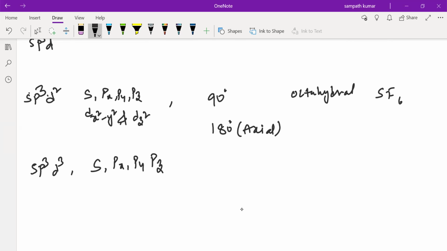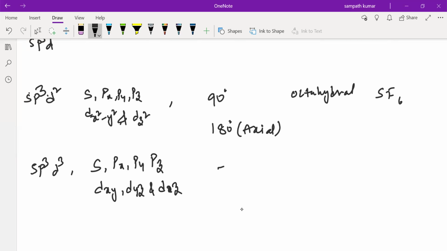D3 means planar, equatorial: dxy, dyz and dxz. D2 means axial orbitals. Always remember these. These axial orbitals are participating.